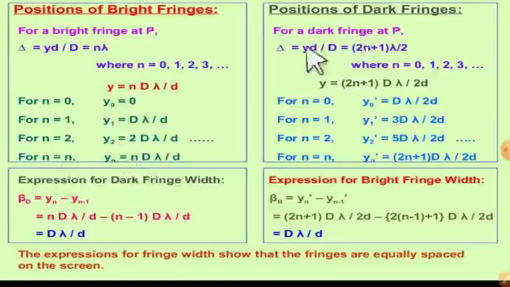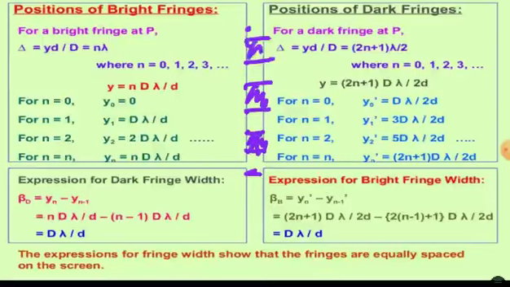Similarly here also, you need to put the path difference with n equal to 0, 1, 2, 3 like that, and you will get it like this. In the case of destructive interference or dark fringe, you take it as y0 prime, so as to differentiate from y0, y1 here, y1 prime. Let me draw here. Suppose this is the screen and this is a central bright one, then dark, bright, dark, like this. You will get it on the screen like this.